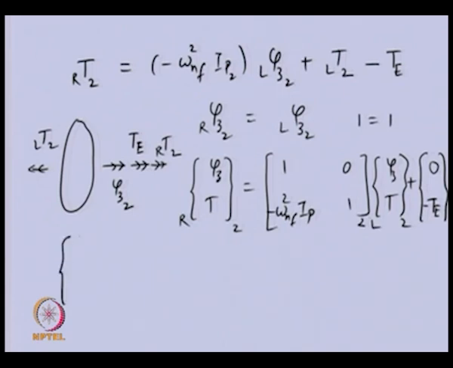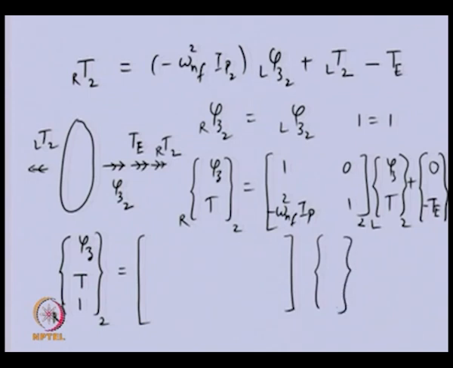We have this and this as field variables, and we want to add an identity equation as the third one, because this will not affect our analysis, but will be convenient in handling the transfer matrix. So, here also we will have phi z, t and 1. Basically, the last equation is nothing but 1 is equal to 1.